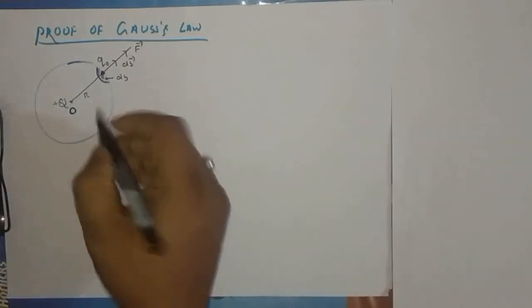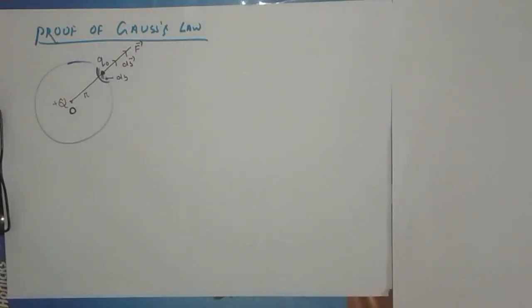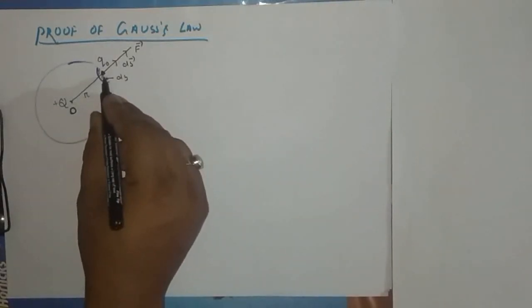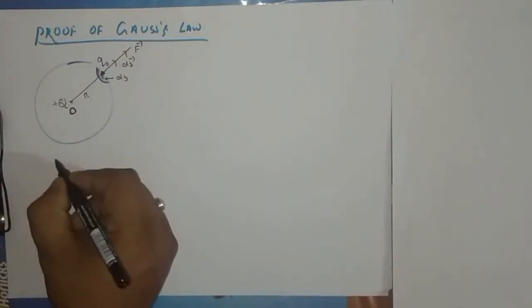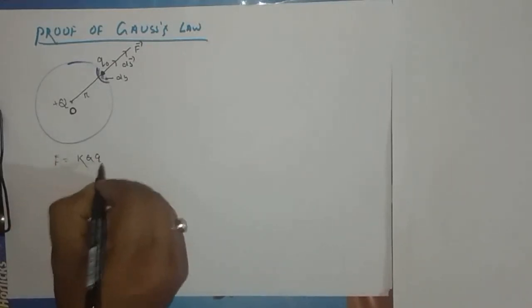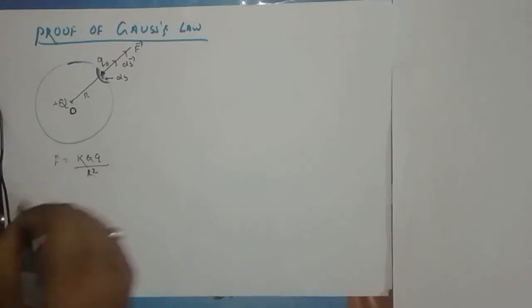Let us finish it quickly. So what is the electric field intensity at this point, or the force also you can take? What is the force actually? K Q by R square.